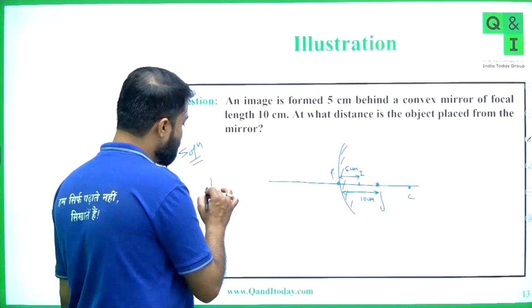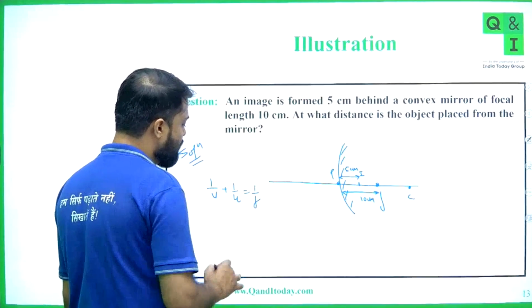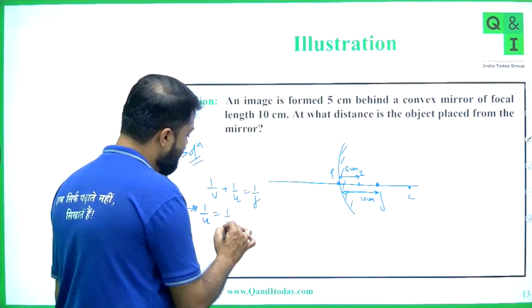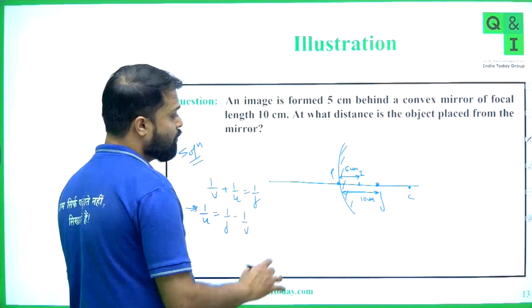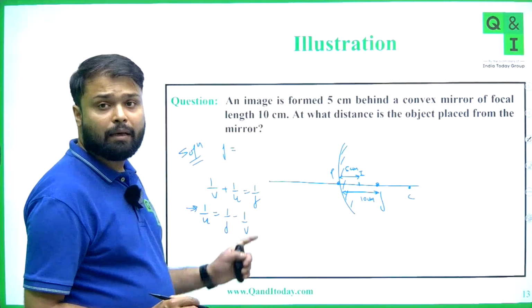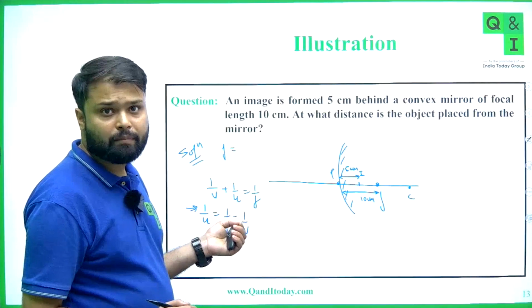So again, we use the same formula, that is 1 by v plus 1 by u is equal to 1 by f. We have to find the object distance. So 1 by u is equal to 1 by f minus 1 by v. Now tell me, here f is positive or negative? Positive, sir. Very good.